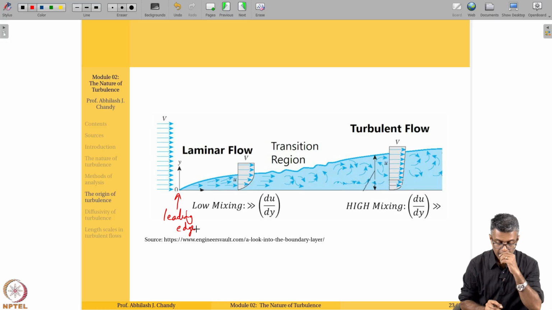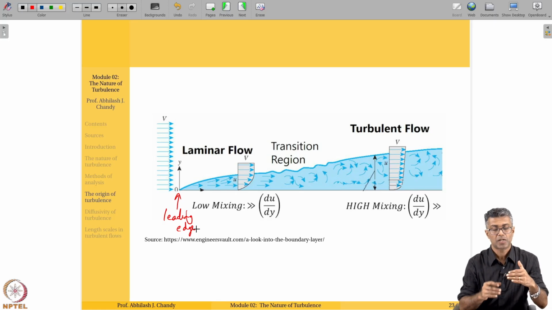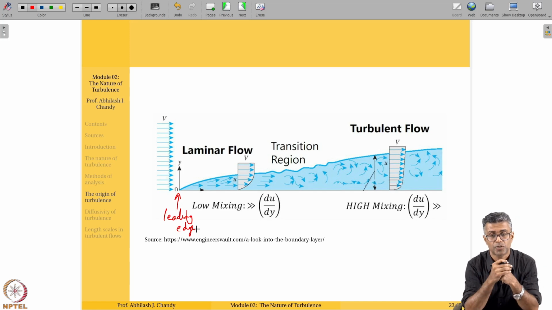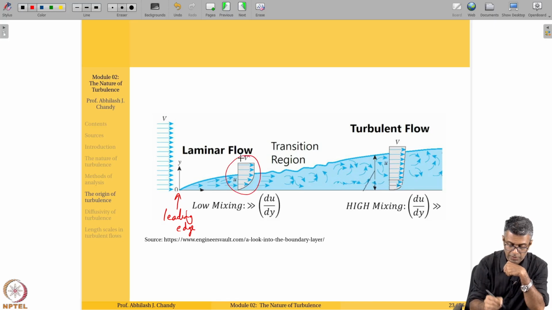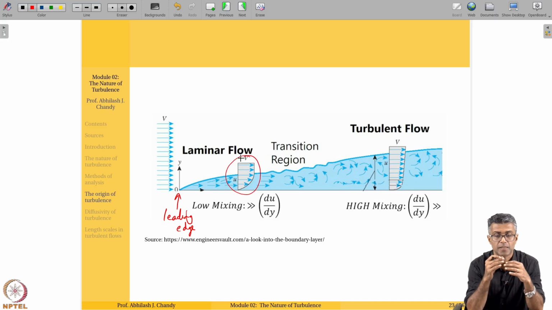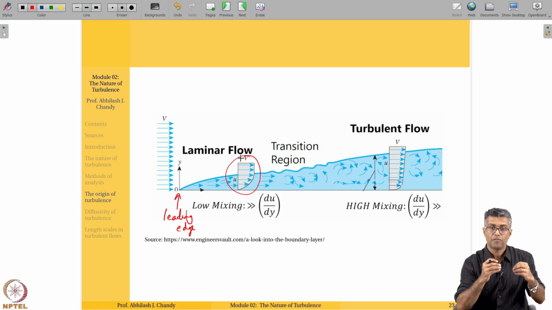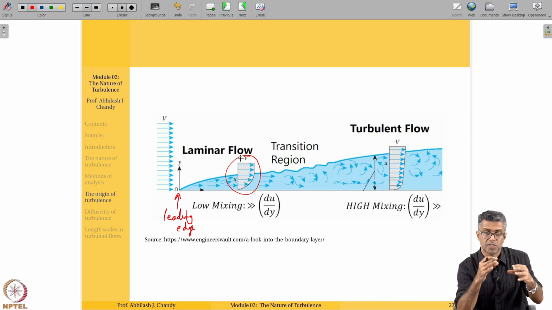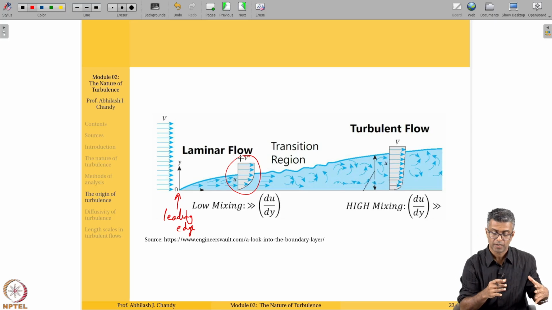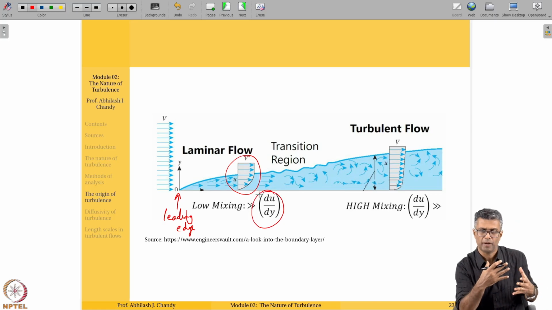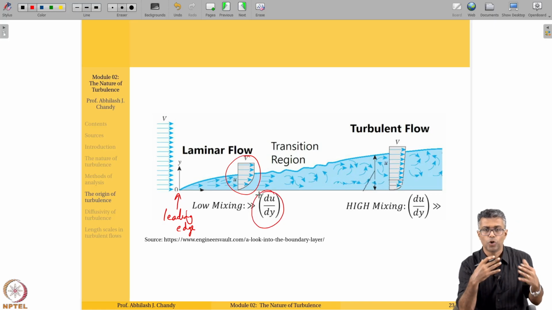Laminar flow will have features such as smooth flow, regular flow, very predictable flow in layers, and a profile would look something like this. This is marked by low mixing, as in the mixing is actually at a very low rate. So that is what we are representing by du dy being a very small number, much less than 1. So that is the low mixing scenario, laminar flow.